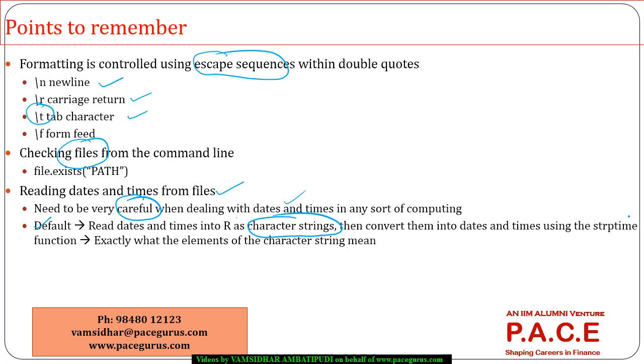We have different kinds of functions like strptime, or as.Date, which convert the character string into a date format and a time format. So you have to specify the format in which your character string is present, so that these functions will convert the date and time from the character format into the actual date format.